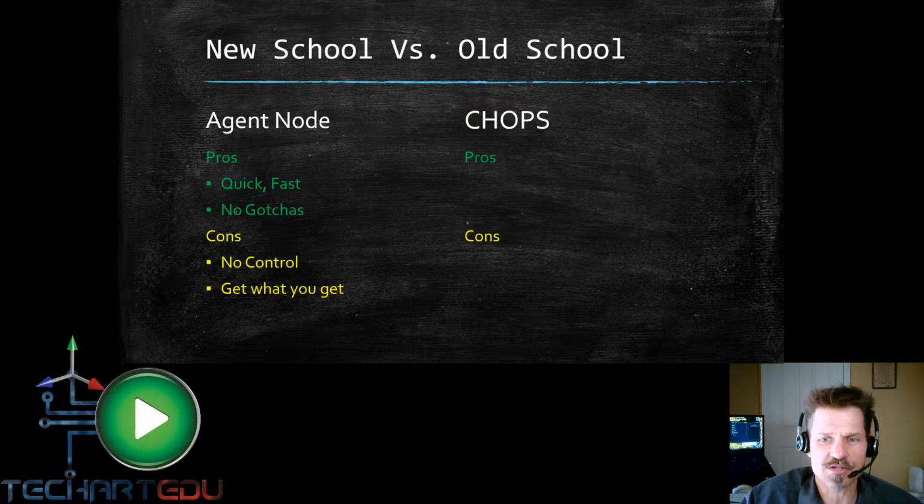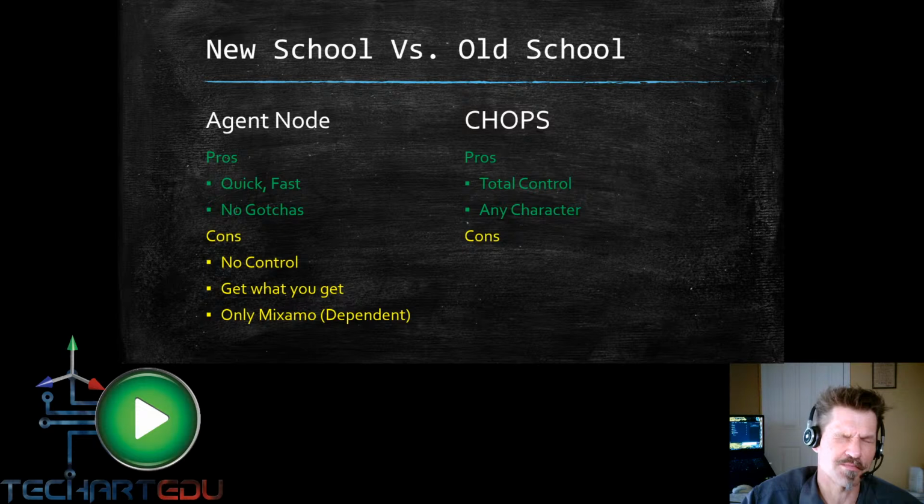But anyway, what are the advantages of doing it with CHOPs? You've got total control, because you're dealing with the character, the skeleton, everything. You can deal with any kind of character and any kind of character clip that you want, and mix things inside of Houdini, so you're not reliant entirely on the agent node.